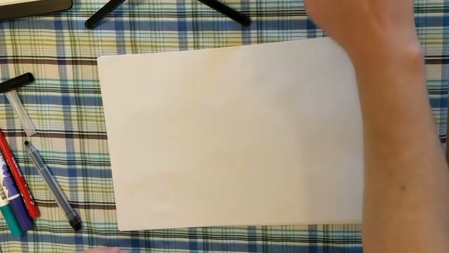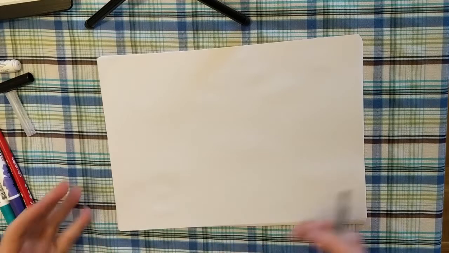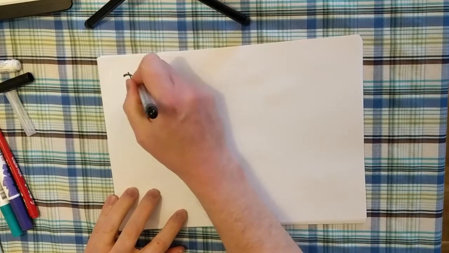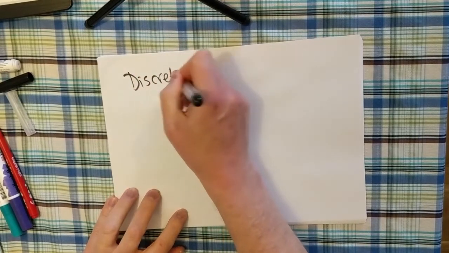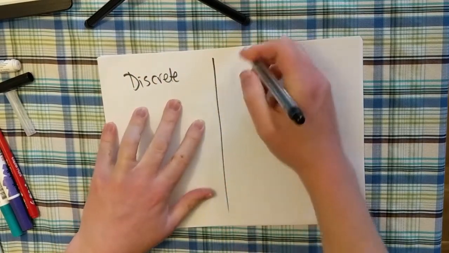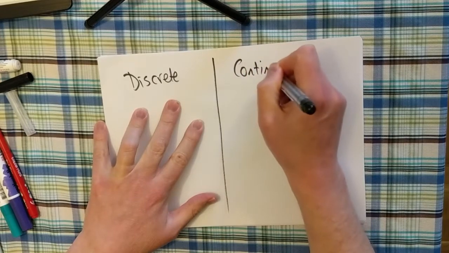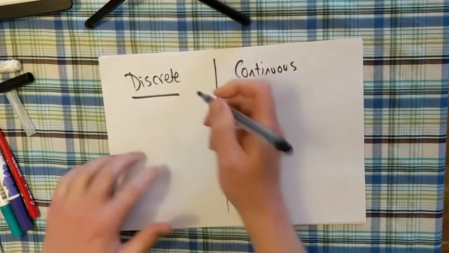So data can be split into these different groups. You definitely have qualities and quantities, and then the quantities themselves can be either something that's measured or something that's counted. Something that's counted, some discrete data, is usually quite obvious. These are definitely things you can count on your fingers.